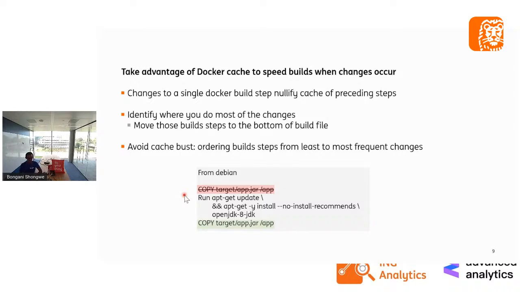So in order to avoid that, if you can identify anything frequently changing, like in this case here, you're doing code changes in this target file, it's best to put it at the bottom. So you need to order your most frequently changing content last, to avoid any cache bust.